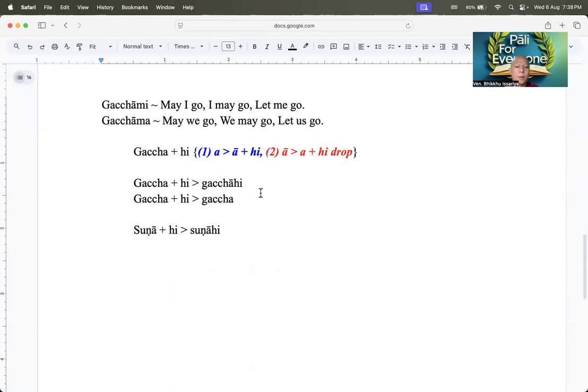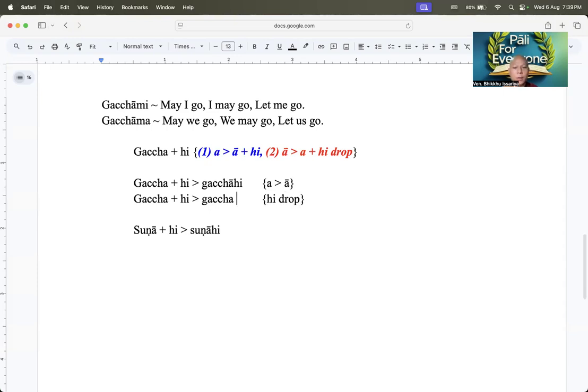Okay. So here the first way is changing, but the second form is hi drops.